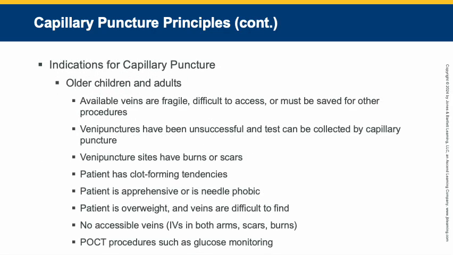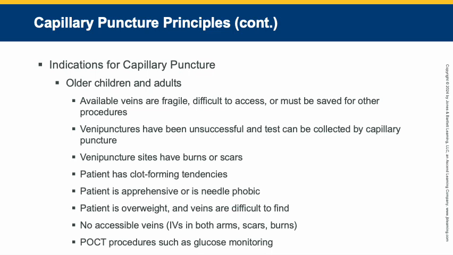Indications for capillary puncture. A properly collected capillary specimen can be a practical alternative to venipuncture when only a small amount of blood is needed for testing. In older children and adults, capillary puncture can be an appropriate choice under the following circumstances.